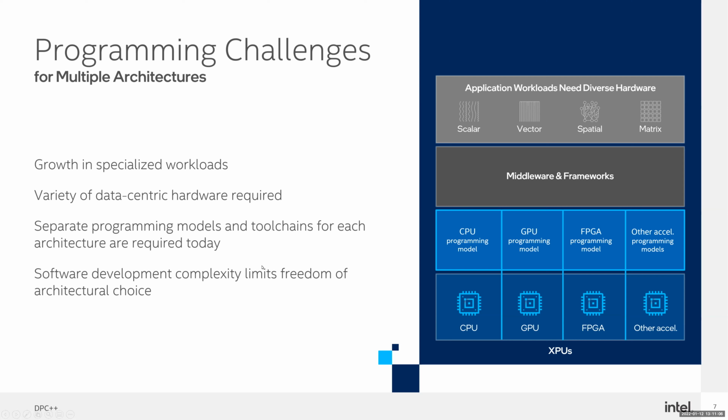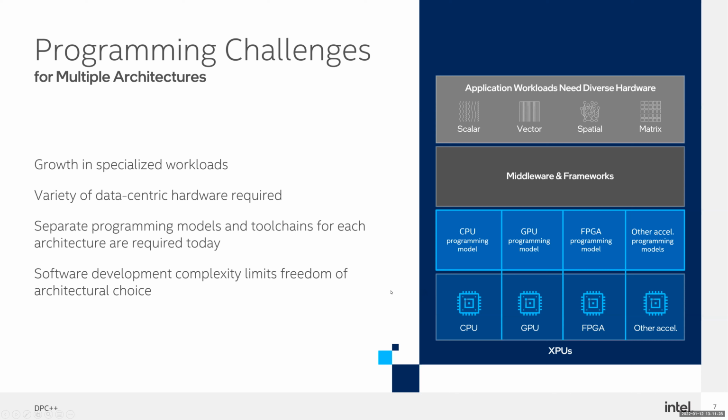So let's understand the programming challenges for multiple architectures, right? Usually, if you want to program for a CPU, GPU, or any other accelerator, you typically had to learn different programming languages and use different tools for different hardware, right?